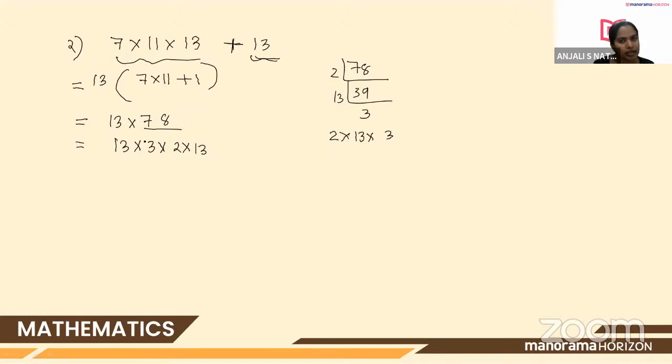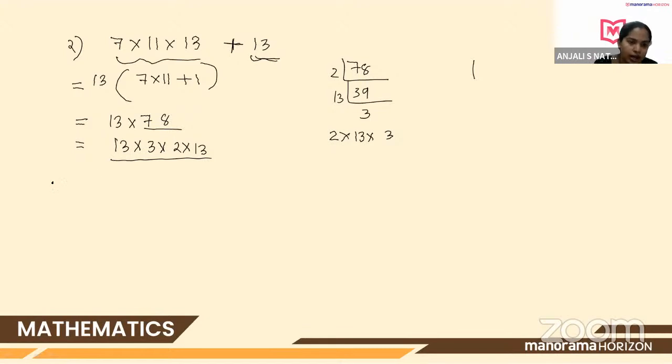So look at the factors. It has more than 2 factors, right? What are prime numbers? Prime numbers only have 2 factors, 1 and the number itself. But look here. When we factorize this number, we get the factors 13, 3, 2.